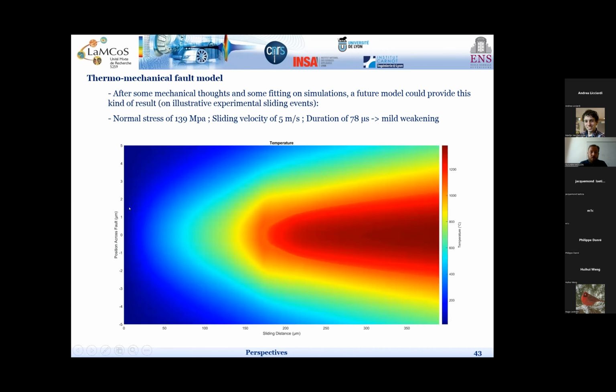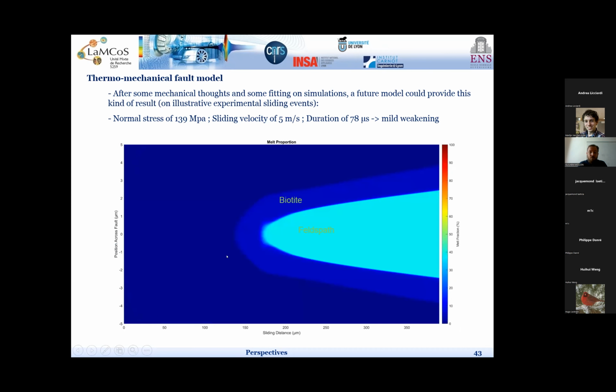And if we represent this in the thickness of the gouge layer, so this is the position across the gouge layer and the temperature field across the sliding distance, we see that we have this progressive heating of the central layer, and it can be expressed in the melting of different minerals. So in this case, for example, up to like 140 microns, everything was dry.